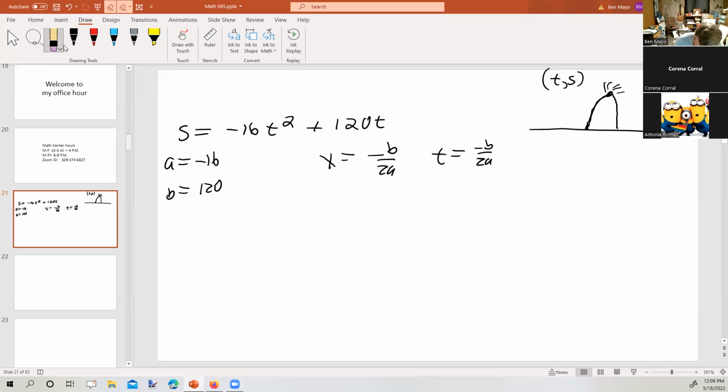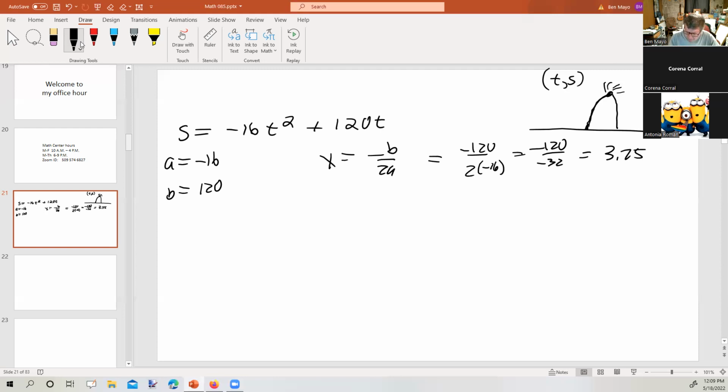I'm just going to stick with x for right now. So that's going to be negative 120 over 2 times negative 16, which is negative 120 over negative 32. Negative 120 divided by negative 32 is 3.75.